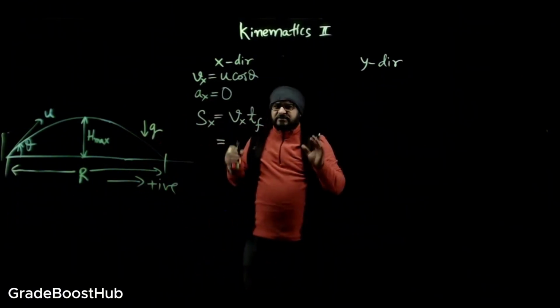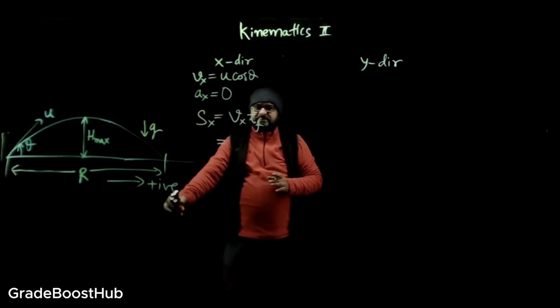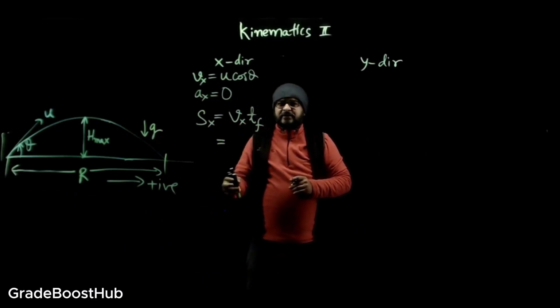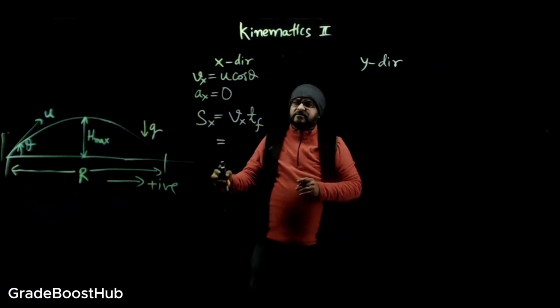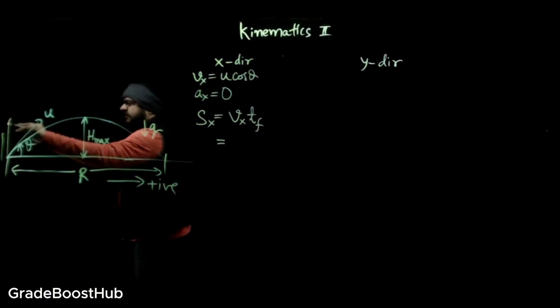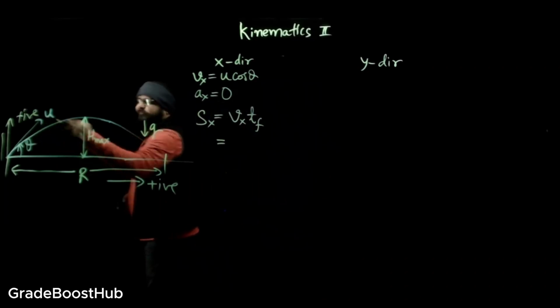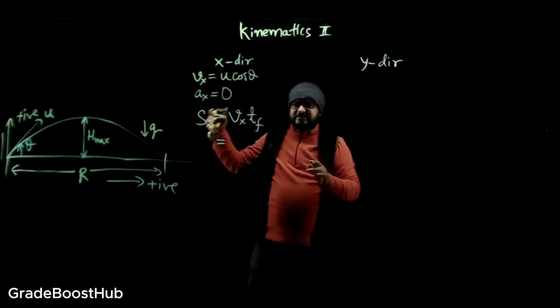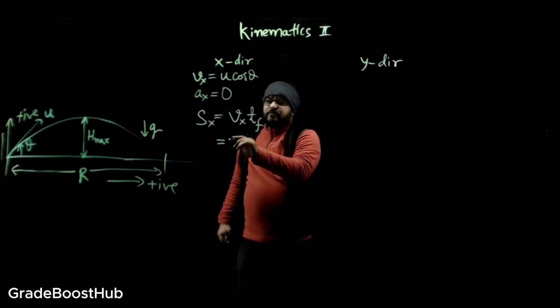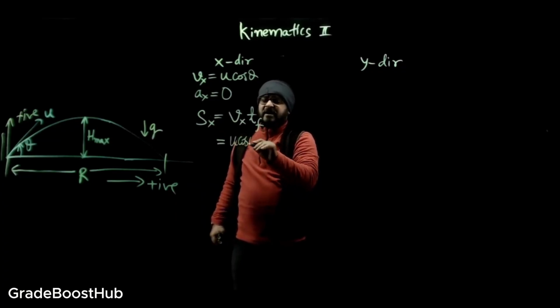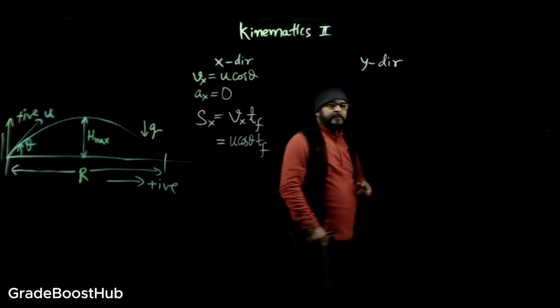So whenever you use kinematic equations, you need to be clear with the coordinate system or reference. The choice is arbitrary, but I will stick to it. So my displacement in x direction is u cos theta times time of flight.